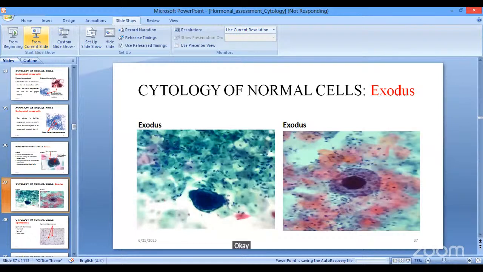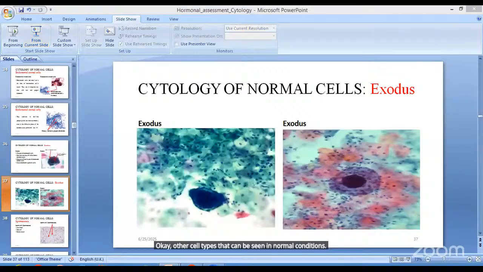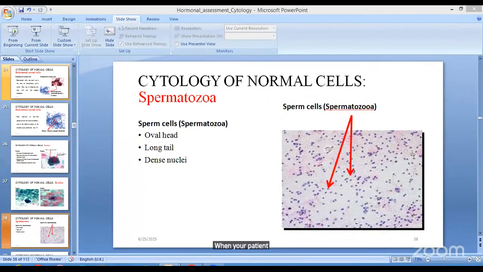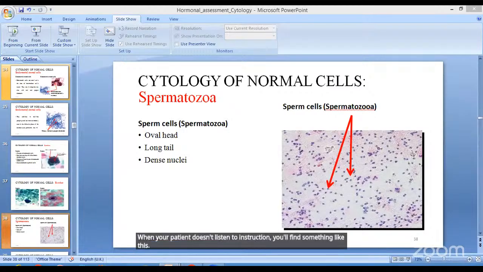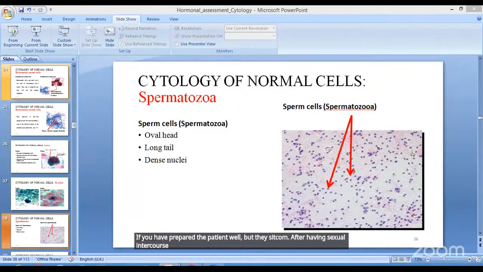Okay, other cell types that can be seen in normal conditions. Spermatozoa. When your patient doesn't listen to instruction, you will find something like this. If you have prepared the patient well, but they still come after having sexual intercourse, you see spermatozoa.